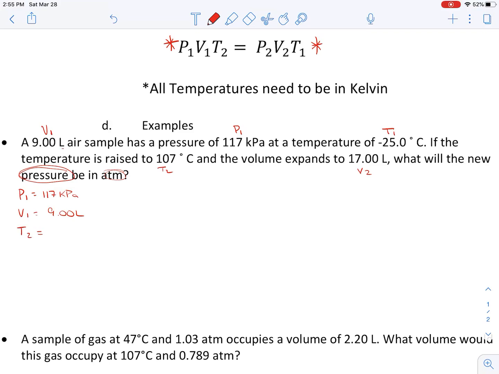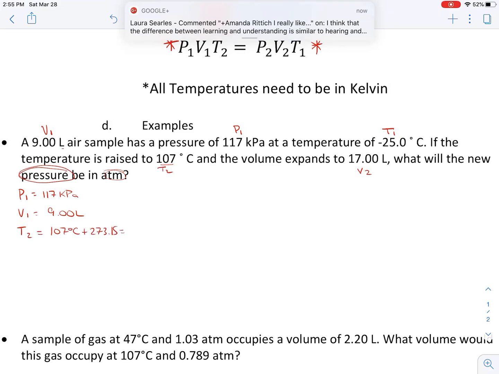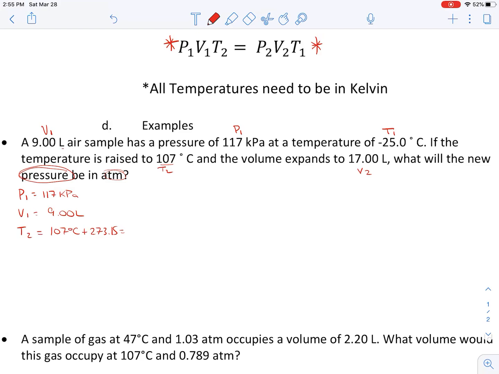T2, our second temperature, is 107 degrees C, and we're going to add 273.15, because we need to be in Kelvin. So 107 plus 273.15 gives us 380.15 Kelvin. P2 is what we're looking for, that's our question mark.